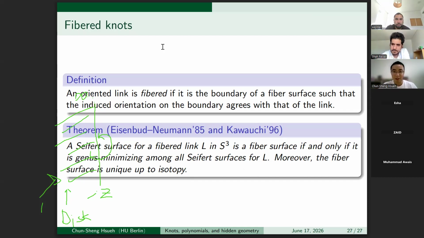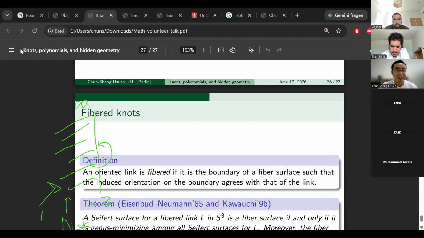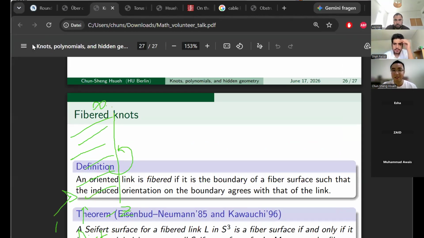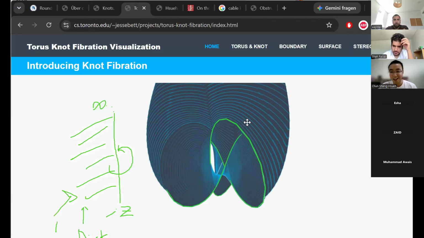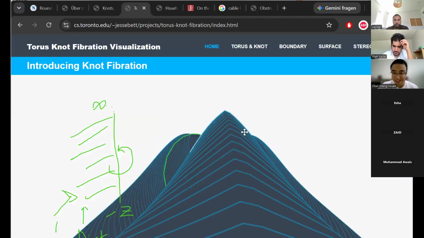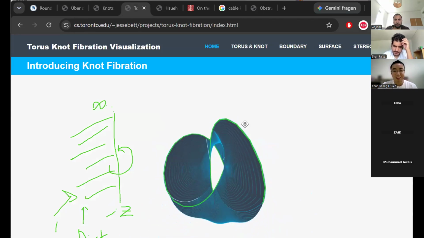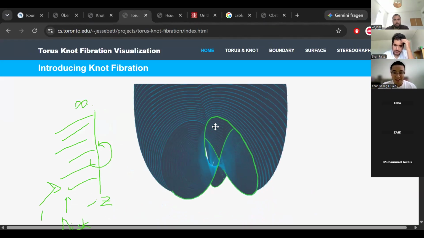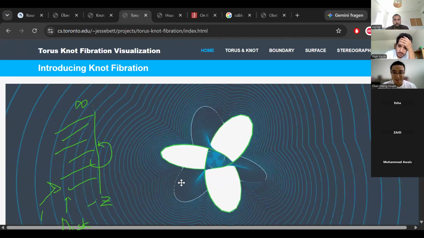And just to finish off, I want to show you an animation. Is that showing up? Okay, so this knot, can anyone recognize it?